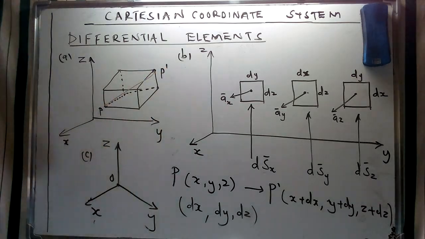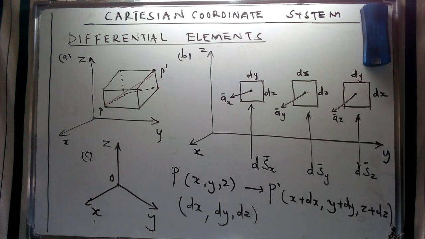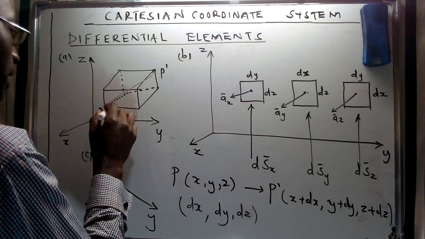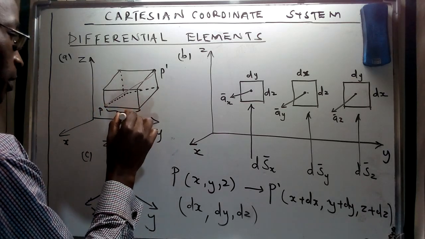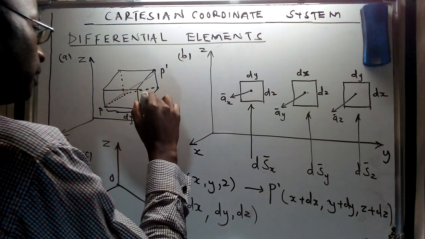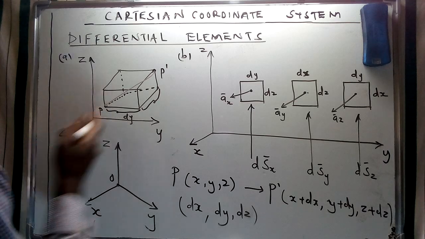So this is going to be a differential vector, which is an elementary vector that is going to point from this point to P. We can define different aspects of this increment for the dx, dy, and dz directions. So the increment along this specific length from here to here is going to be along the y, so this is going to be dy, and the increment from this specific point to this one is going to be along the x direction.